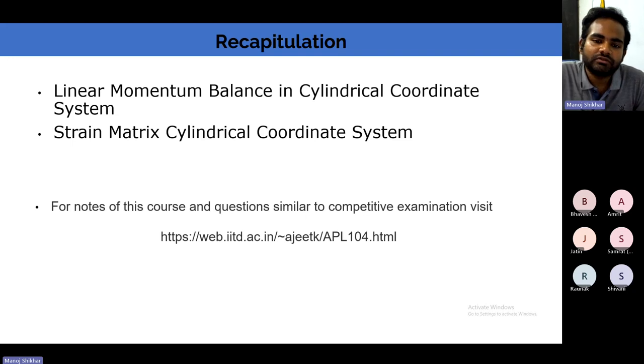For the notes of this course, Solid Mechanics, you can visit the website of Professor Ajit Kumar, the instructor of this course, and download PDFs. At the end of those PDFs, you will have some questionnaires with questions similar to those asked in competitive exams.